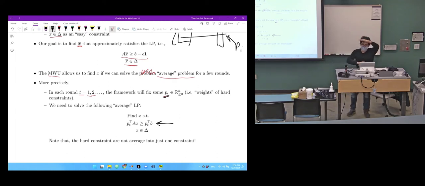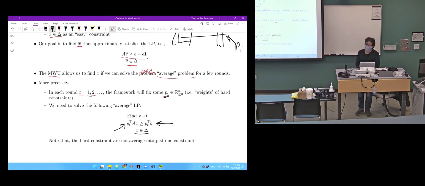You weight it by P and you sum them up. From n constraints, it becomes just one constraint. So much easier. You need to solve this problem.